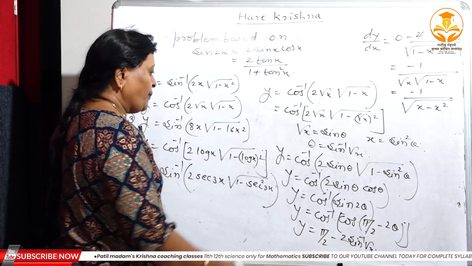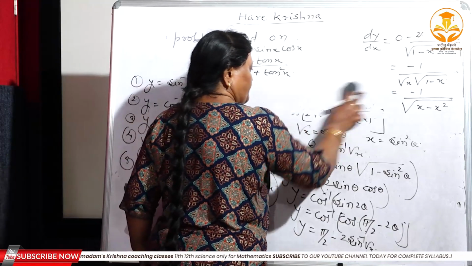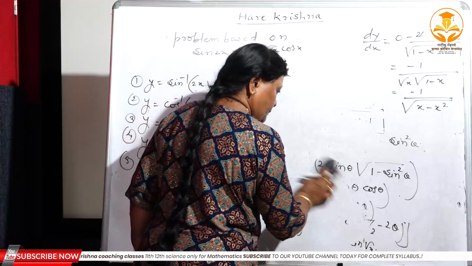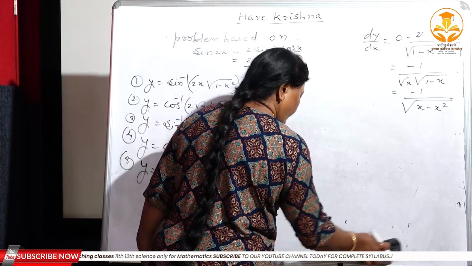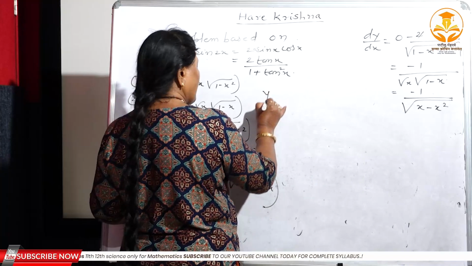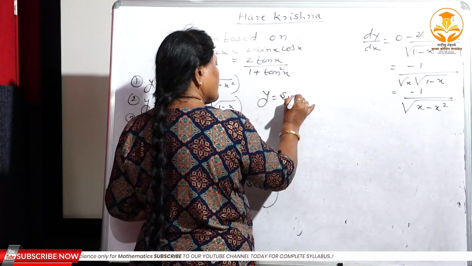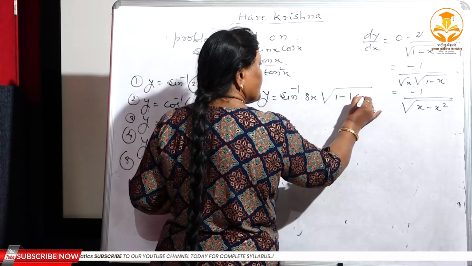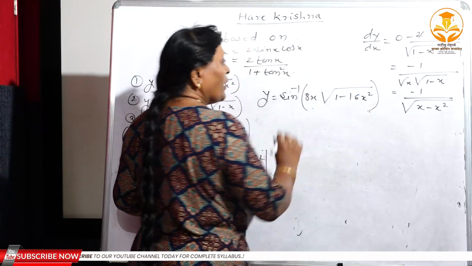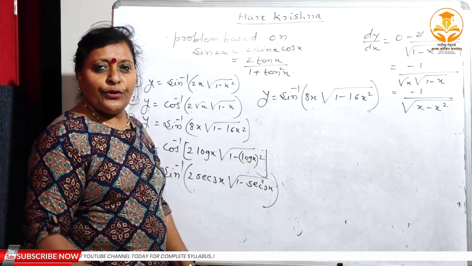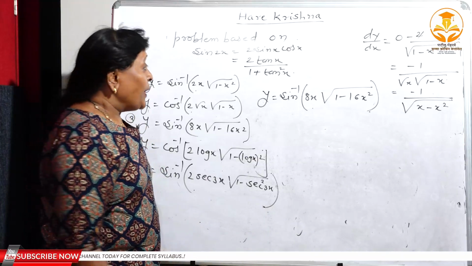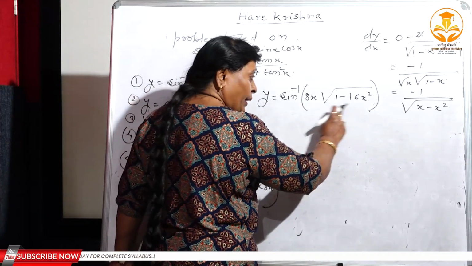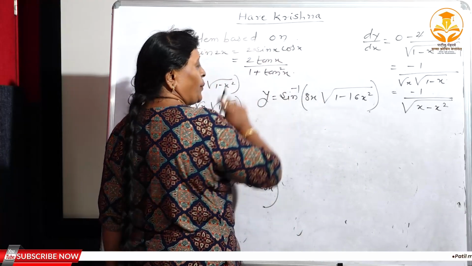See, how will you do this? Here again y is equal to sin inverse of 8x root of 1 minus 16x square. Again your problem is where you have to substitute sin theta, isn't it? Therefore, what you have to do, you have to bring this term into this formula.